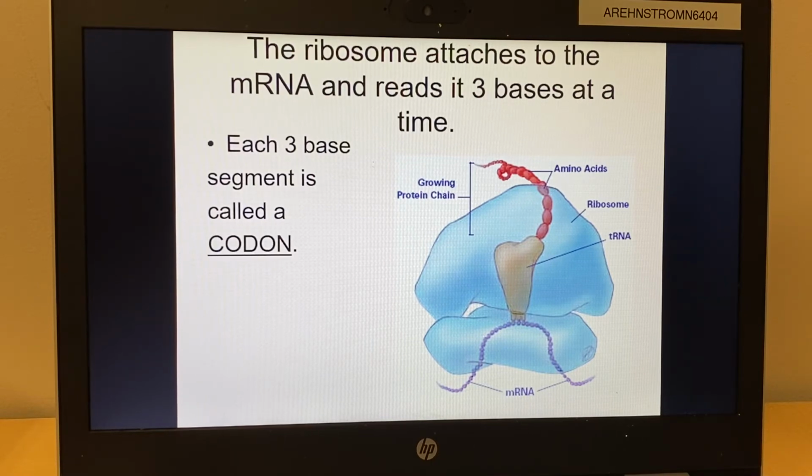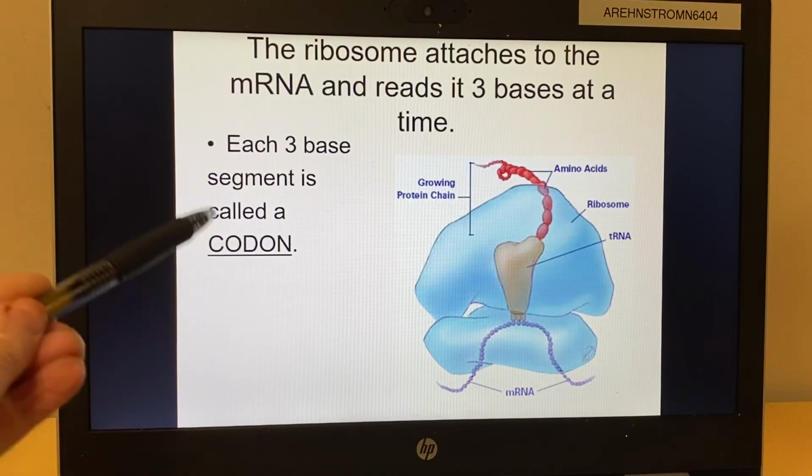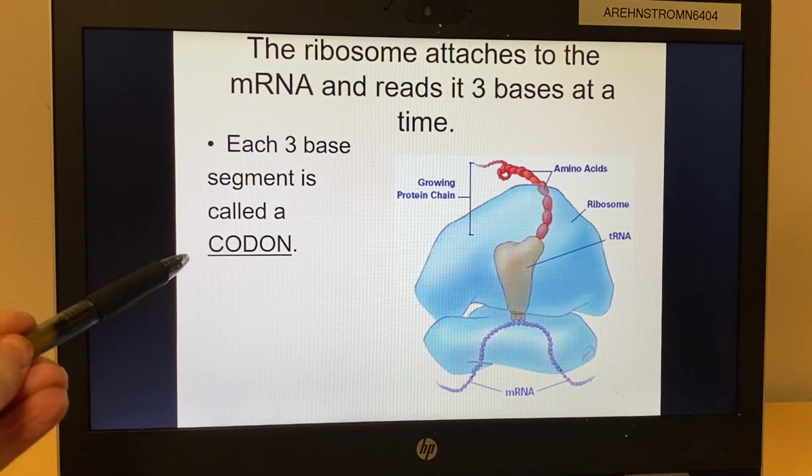To be able to read the code of messenger RNA and produce a functional protein, which is made up of amino acids, every 3 bases of the messenger RNA is going to be read at one time. Every 3 base segment is what we refer to as a codon.